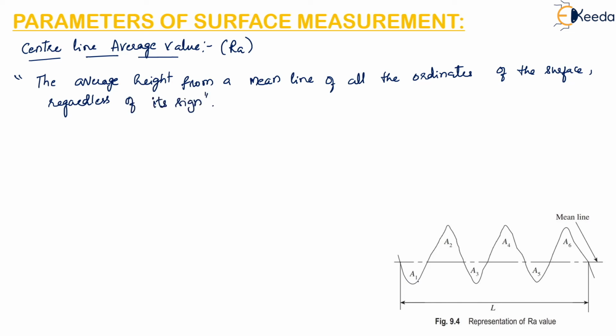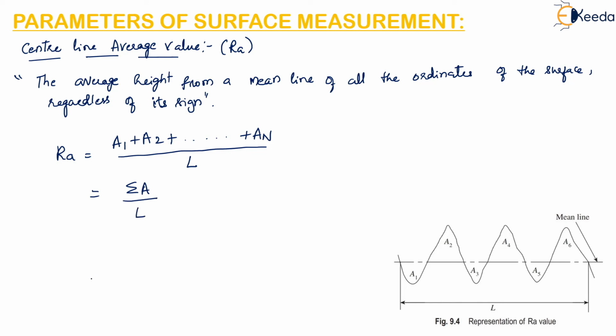If these are the heights of all the ordinates A1, A2, A3, A4, A5, A6 and L is the length, then we can write RA is equal to A1 plus A2 plus so on plus AN divided by L, or sigma of A divided by L.